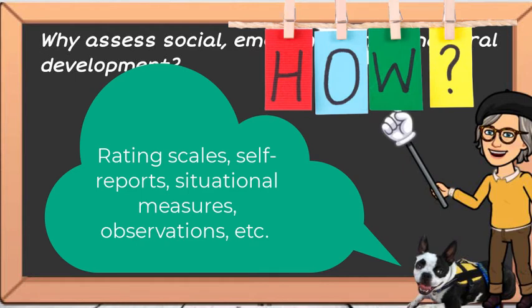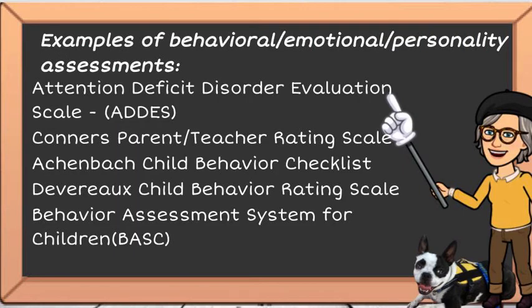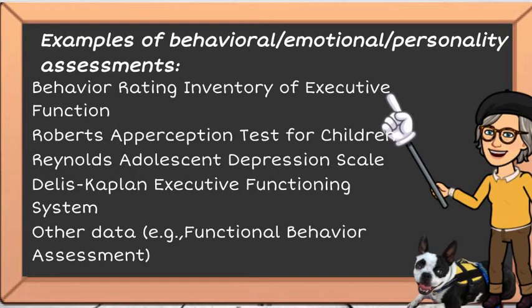We look at situational measures, we look at observational procedures, and technical characteristics. Some examples of assessments in behavior or emotional or personality might include things like the ADDES, which is the Attention Deficit Disorder Evaluation Scale, the Conners Parent-Teacher Rating Scale, or the BASC. We use executive function inventories, things like the Delis-Kaplan, and even things like functional behavior assessment.